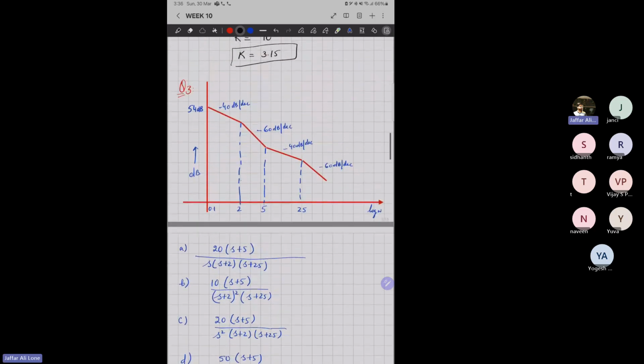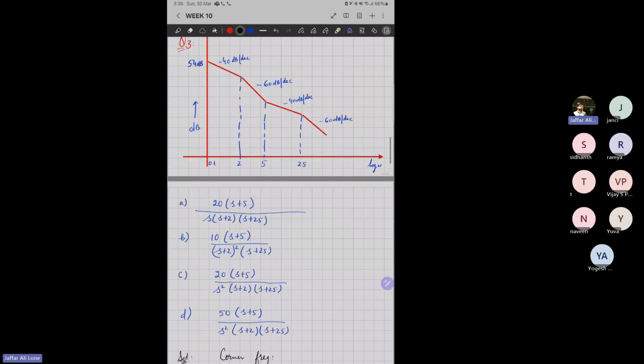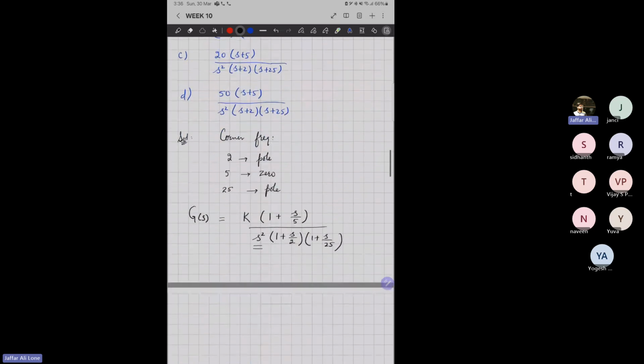Because we see initially the slope is minus 40 dB per decade. It means there is a pole of order 2 at the origin. So that's why we have a type 2 system.